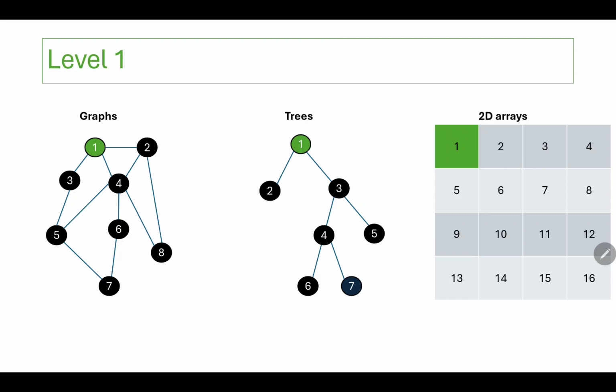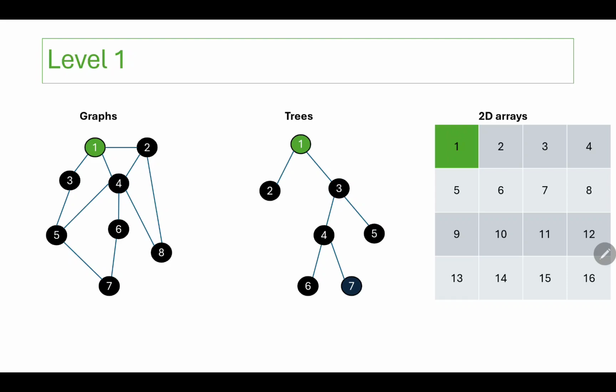Then on the right side, in the 2D array, level 1 could be anywhere on this array, depending on what you're trying to achieve or your starting point. So it could be the number 16 or cell 16, anywhere, depending on where your starting point is. So these are the level 1.